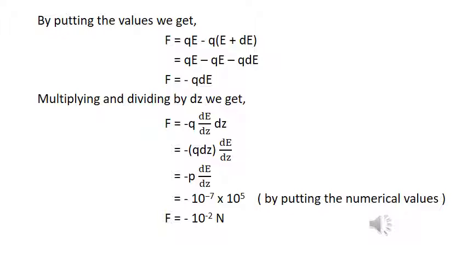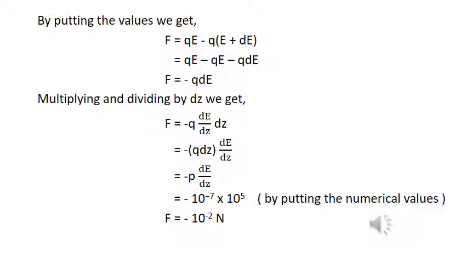Multiplying and also dividing by dz, we get F is equal to minus Q dE into dz by dz. Rearranging the equation, we get F is equal to minus Q dE by dz into dz. Here Q into dz is the electric dipole moment of the dipole in figure.